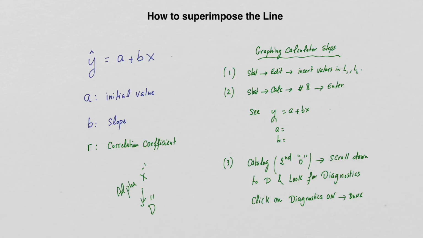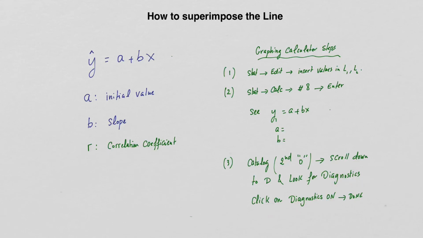So if you do alpha x with -1, it'll take you all the way down to letter D, because we are looking for letter D. And there are so many words in the catalog. I mean, it'll take you like 30 seconds to scroll down to D, or you just do what I just did. Now, once you get to D, scroll down a little bit to see diagnostics.